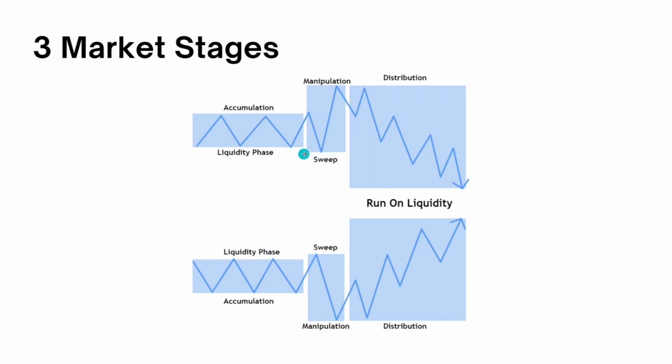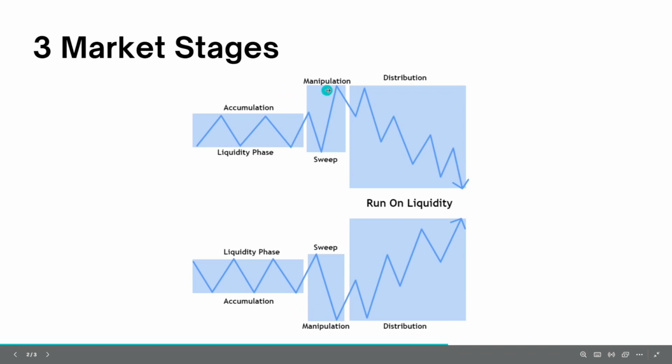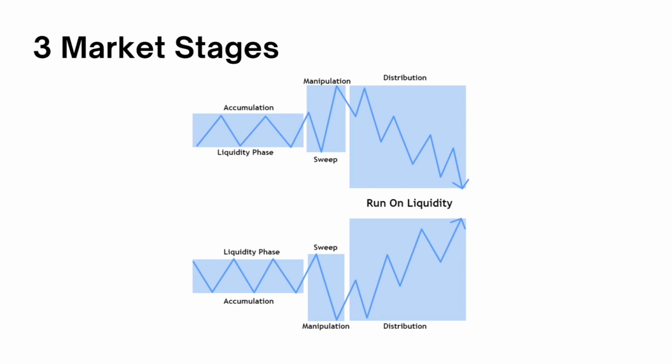So the whole idea of this is the institutions mainly focus on which side of the liquidity will give the most resistance. Meaning, let's say it's going to be a seller's market, right? The best thing to do first would be to manipulate or sweep the buyers, because now that's less resistance for the market to drop.